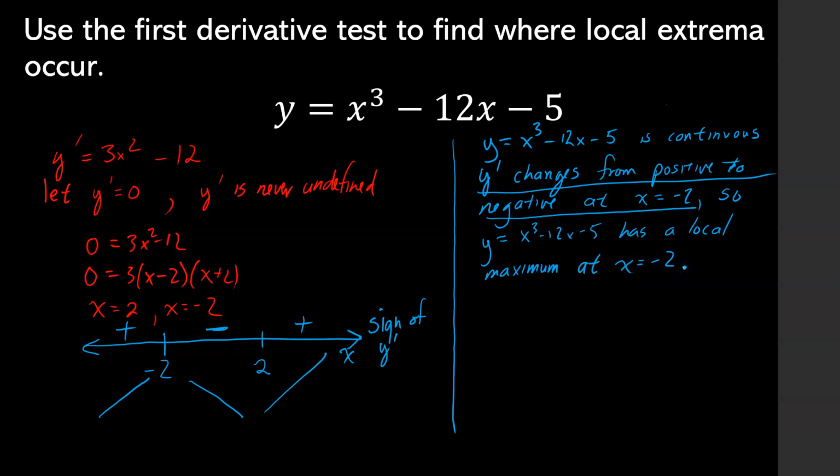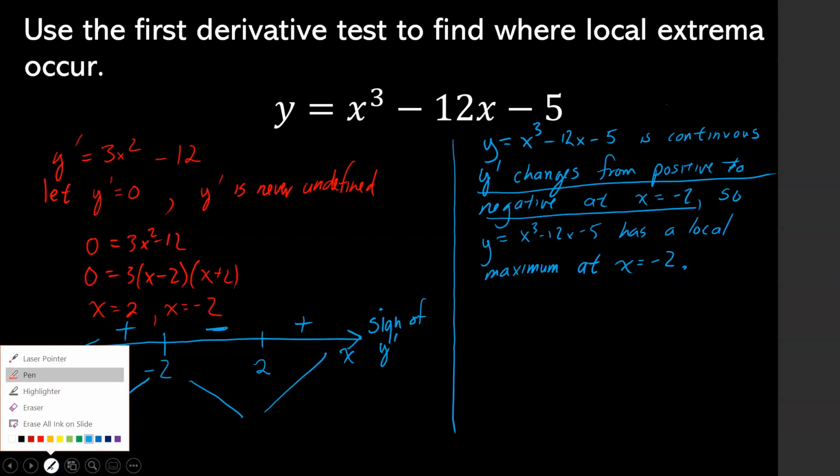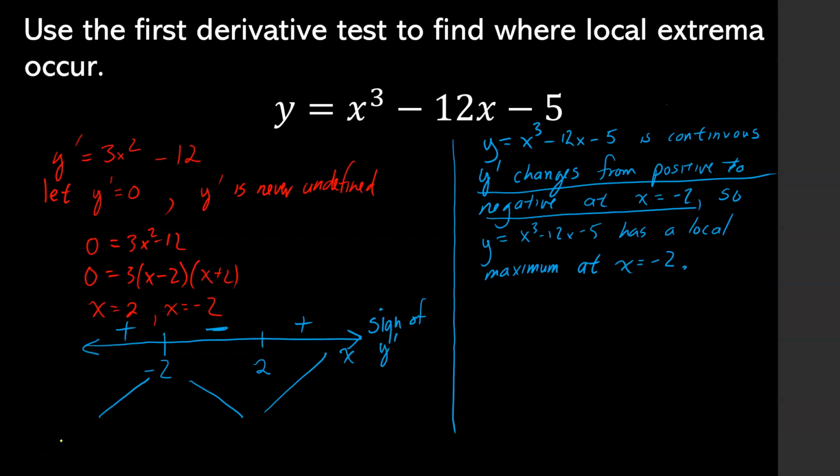Okay. Let's make another statement about the local minimum. What am I going to write? y prime changes from, what does y prime change from? From negative to positive at x equals 2.